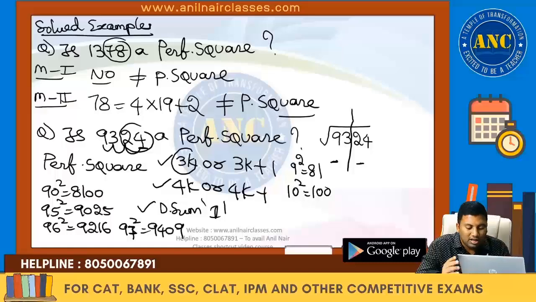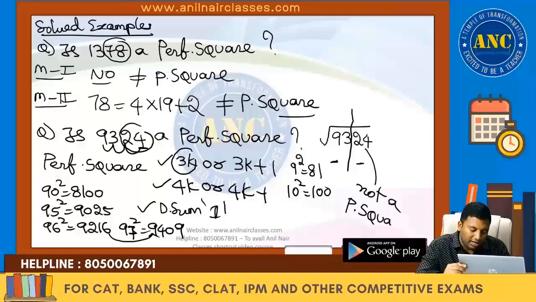Now if you observe, 9324 lies between 9216 and 9409. So it is not 96, not 97, it is between 96 and 97. That means it is not a perfect square.